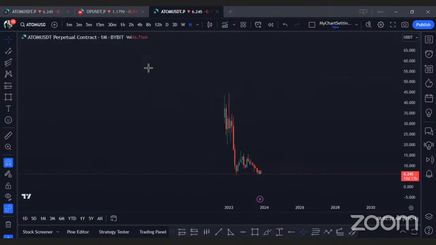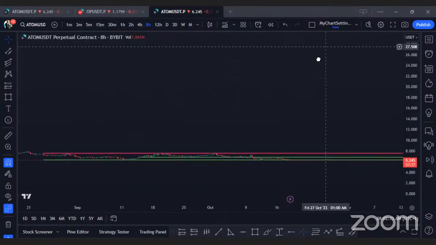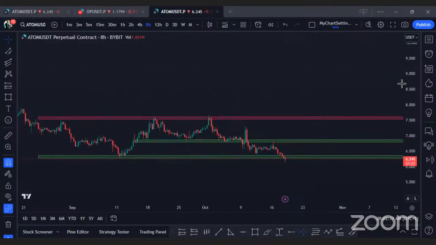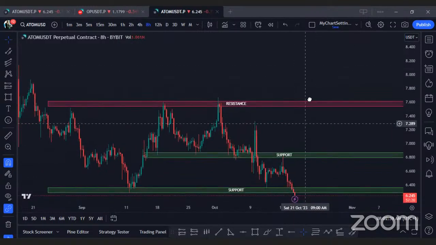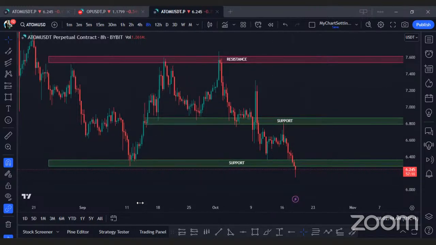The all-time high for Atom was around that $44, $45 level. If we do create another all-time high and you believe in the project, do your own research. These are areas you can start picking this token, or start dollar cost averaging into it, and see how it plays out.